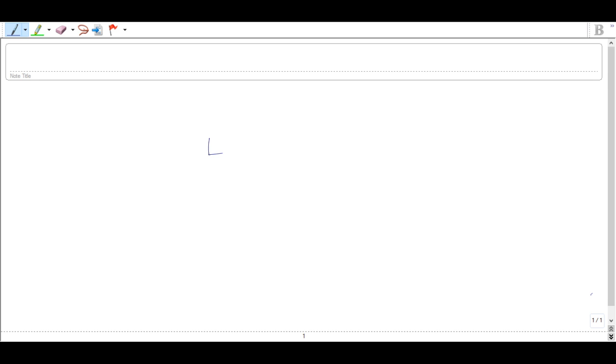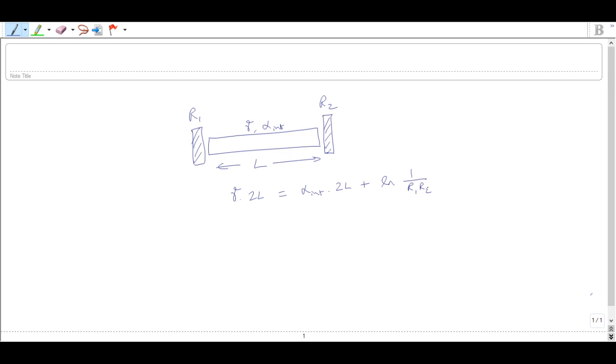Okay, so in a gain medium, if we are talking about a Fabry-Perot cavity, we said R1, R2, and then you have a certain gain medium which has a gain coefficient gamma, but also an internal loss alpha int. We had talked about this a couple of weeks ago, where we said we were tracking the gain inside the cavity, which is gamma multiplied by 2L, where L corresponds to the length of the cavity, and that was equal to alpha int multiplied by 2L plus ln of 1 over R1, R2, right?